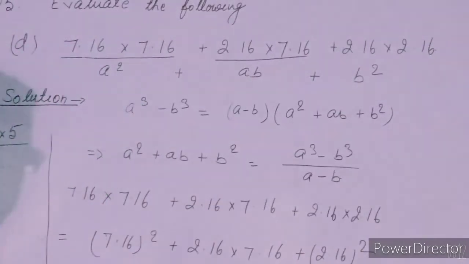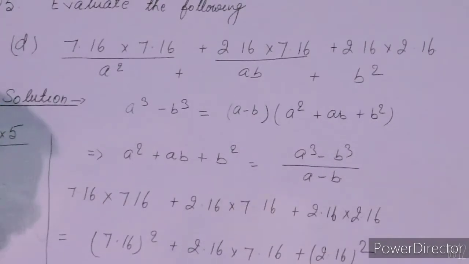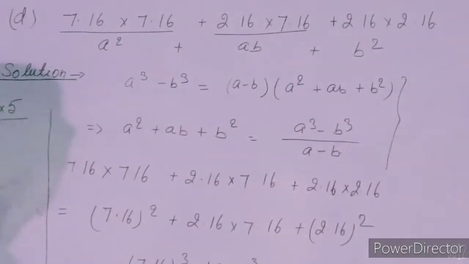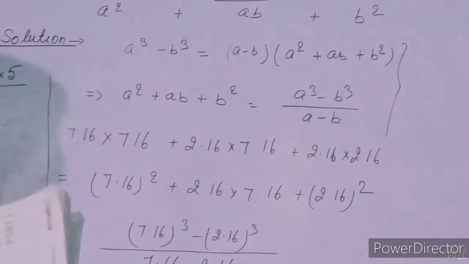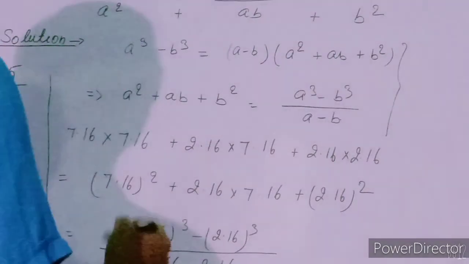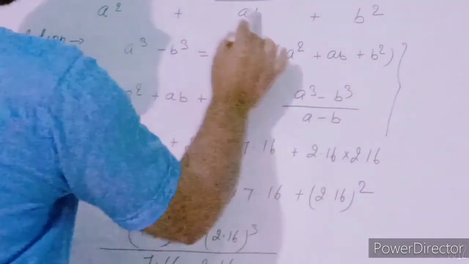We have one formula; these two steps are expressed for your better understanding. We know A³ - B³ = (A - B)(A² + AB + B²). So A² + AB + B² equals how much?